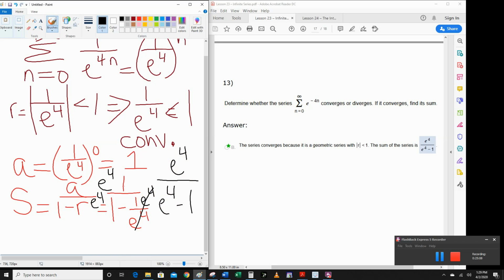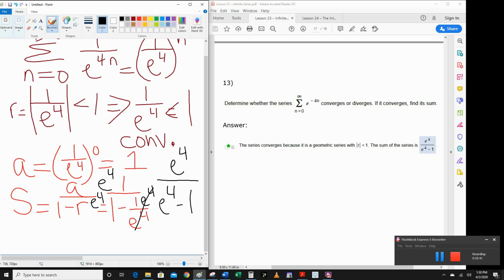To sum up lesson 23, an infinite series is a sum of a sequence of numbers. A geometric series has a ratio, and a geometric series has its own set of rules to determine convergence or divergence. And another test, or actually the first test that we've been introduced to, is the nth term test.